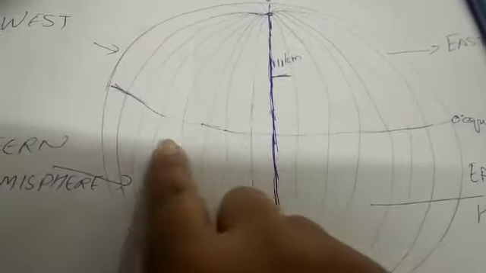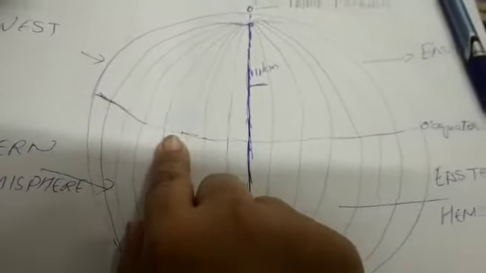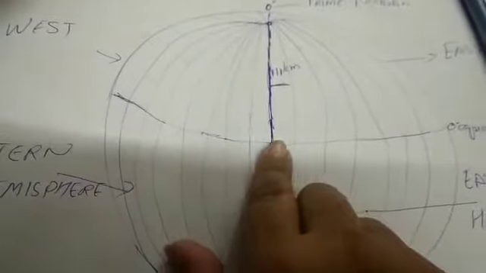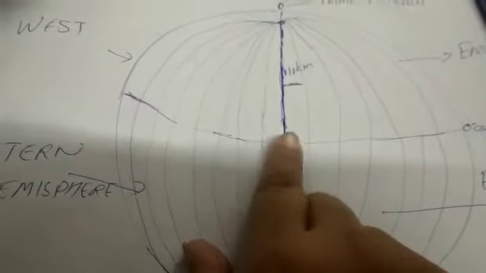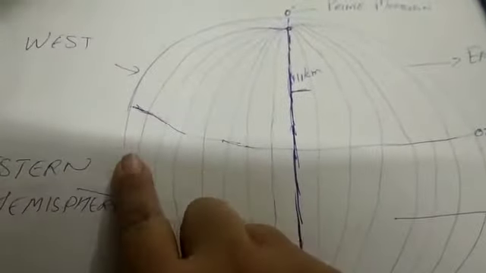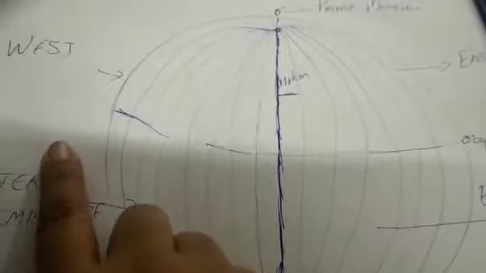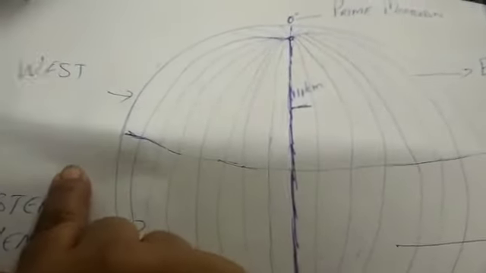And west loss subtract: when you go toward the west, you will lose time, and that's why for calculation you will subtract. On the east side you add the time, and on the west side you subtract the time.